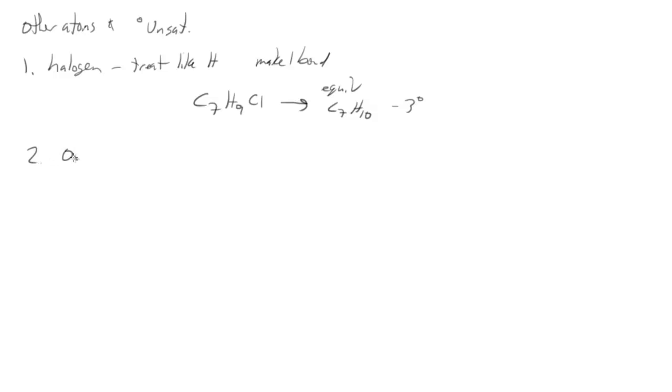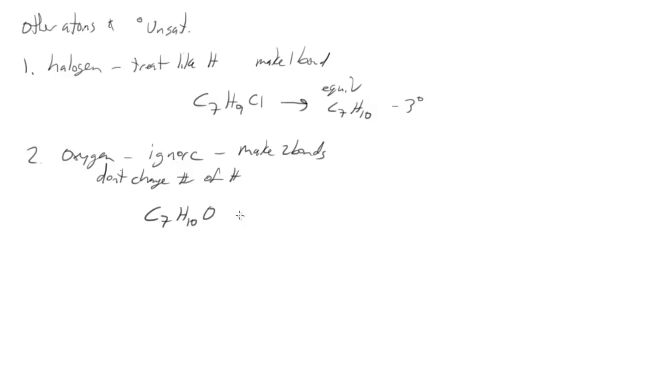If I have an oxygen, I just ignore it, because oxygens make 2 bonds, so they don't change the number of protons or hydrogens. So an example would be C7H10O. The equivalent of that is just C7H10.